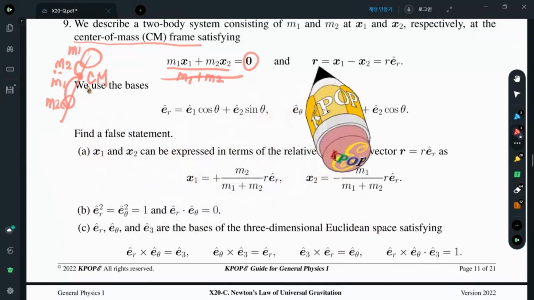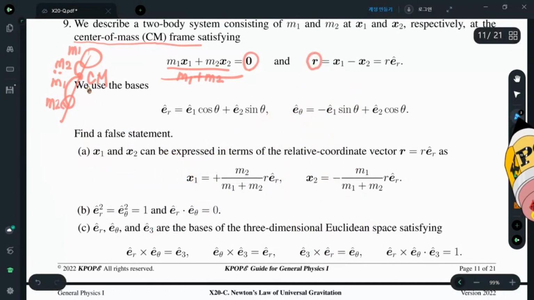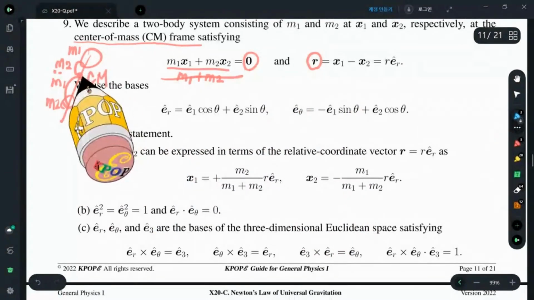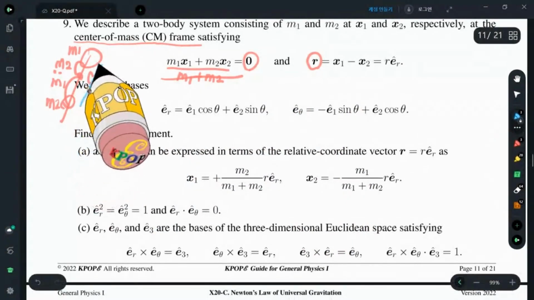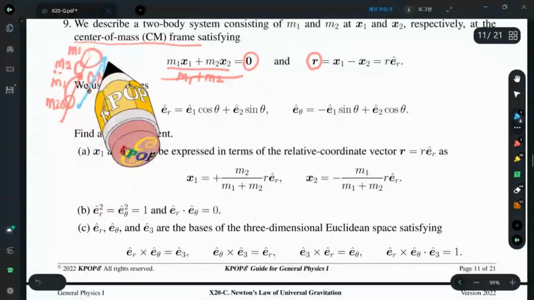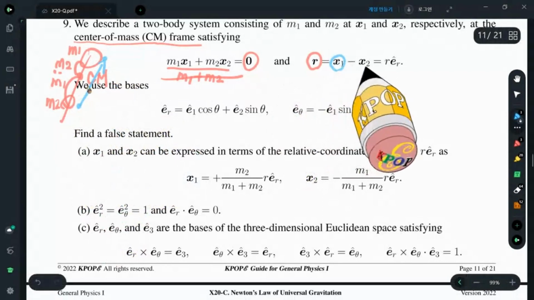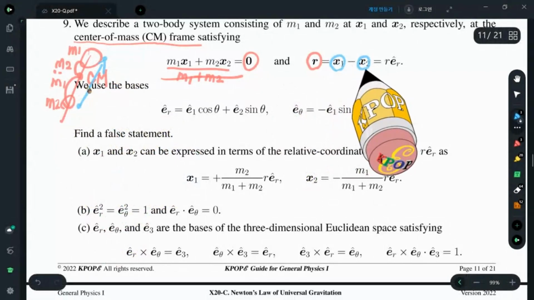And we define the relative coordinate vector, which is not from the center of mass, but the difference of the displacements of the two particles, x1 subtracted by x2.